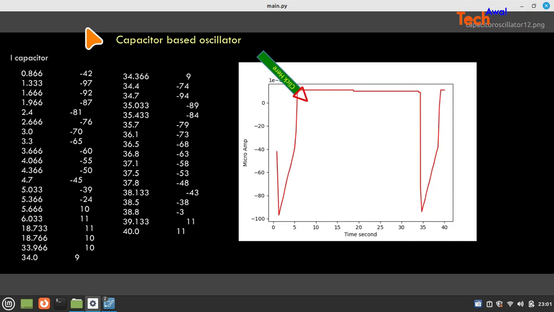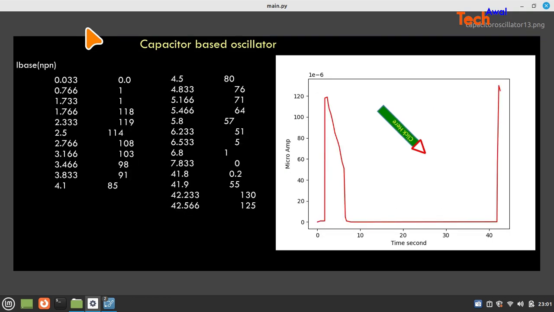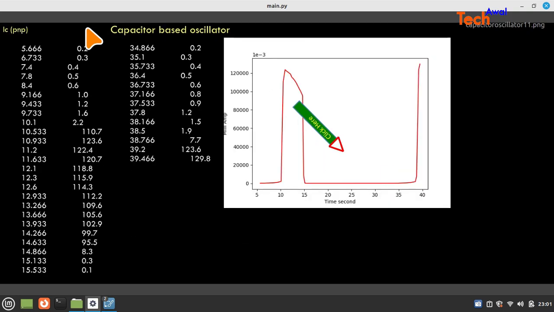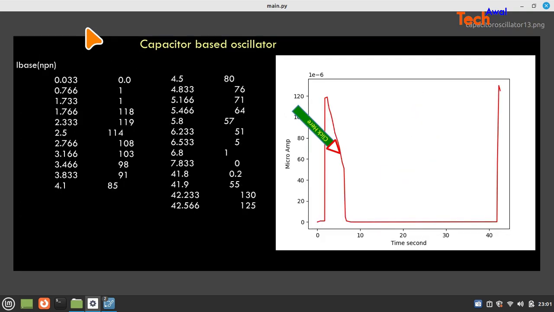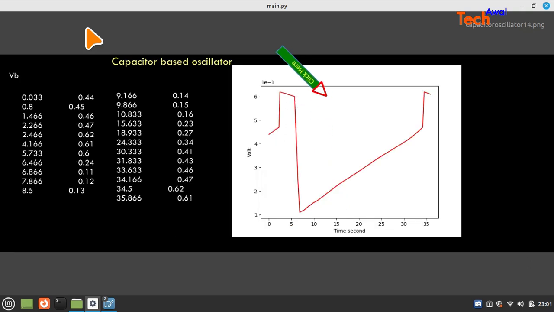When the transistor is active, current in the capacitor flows in the negative direction, the other way from charging, and the base current is also being lost. IE, IC, I base are all losing current because the capacitor is discharging, but VB is not losing.